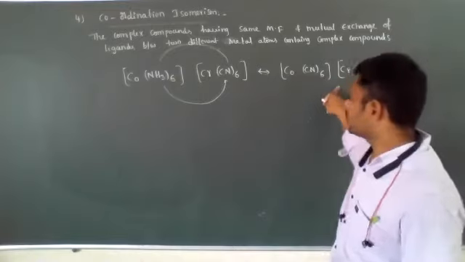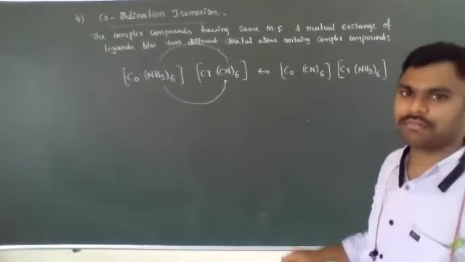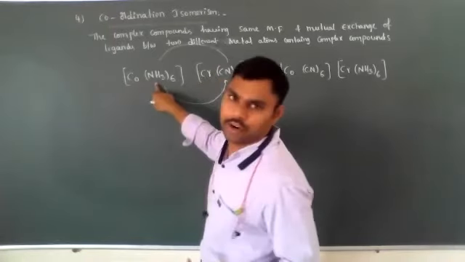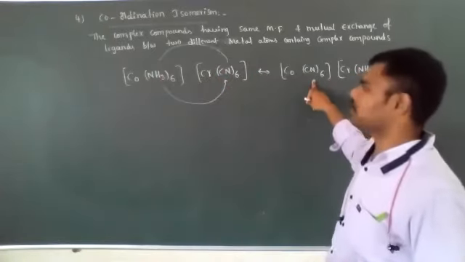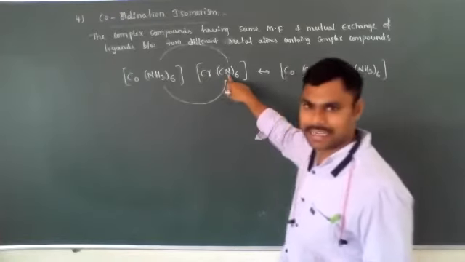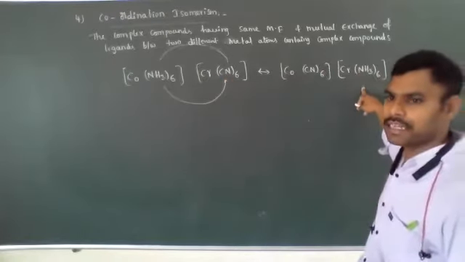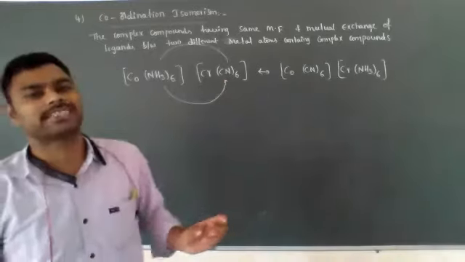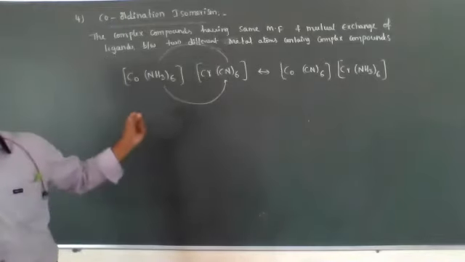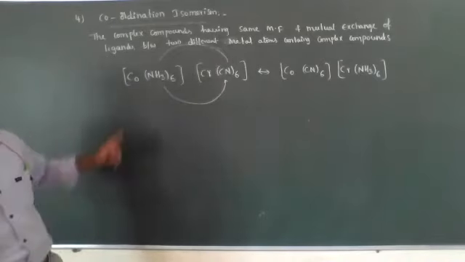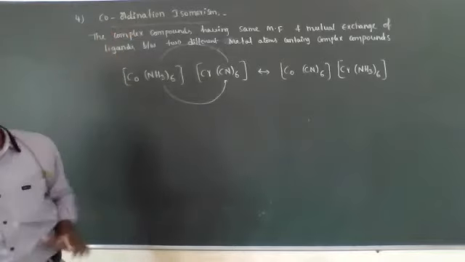The total molecular formula is the same, but here cobalt is bonded with ammonia ligands, and there cobalt is bonded with cyanide ligands, while chromium is bonded with cyanide ligands here and with ammonia ligands there. Mutual exchange of ligands between two coordination spheres containing different central metal atoms is known as coordination isomerism.